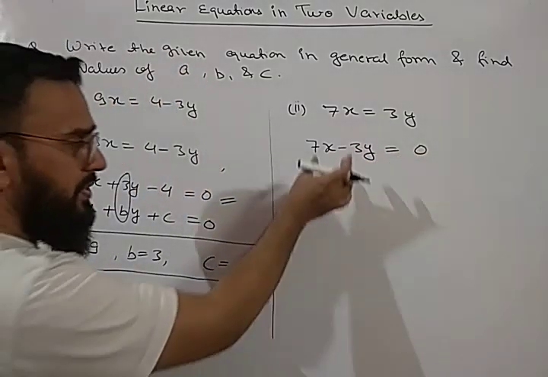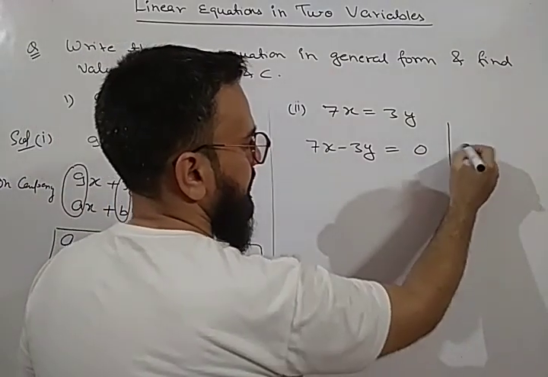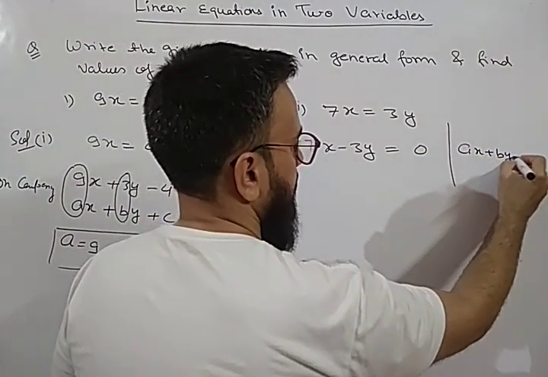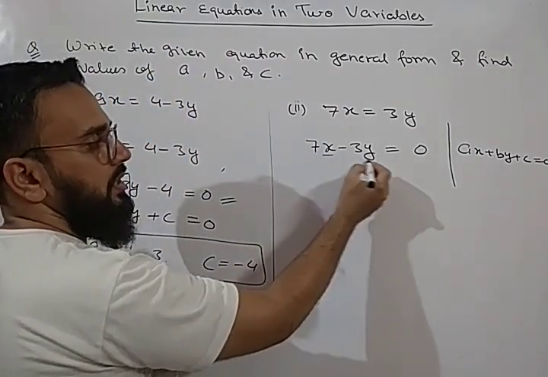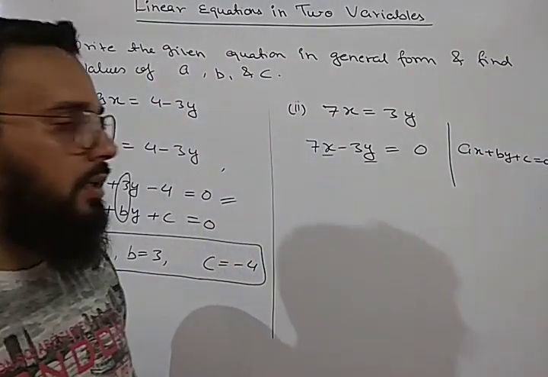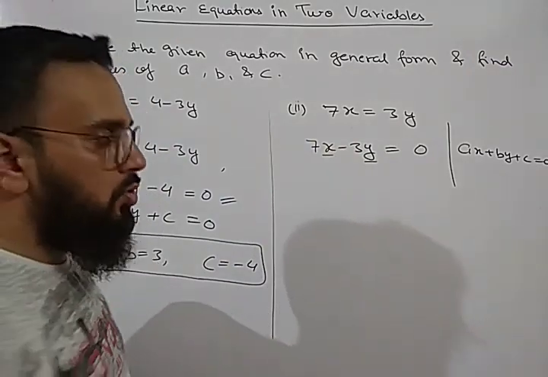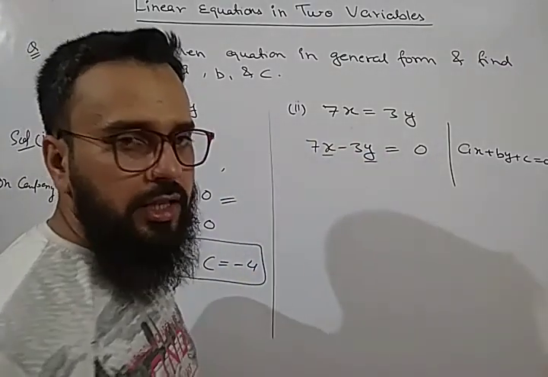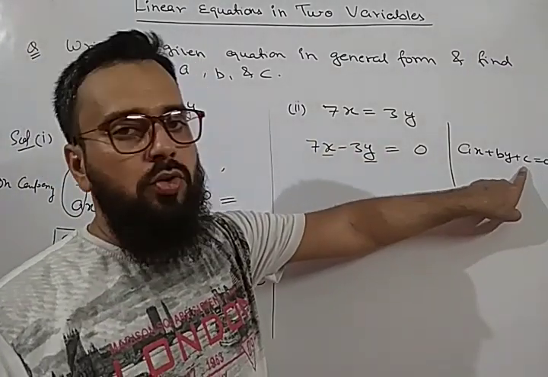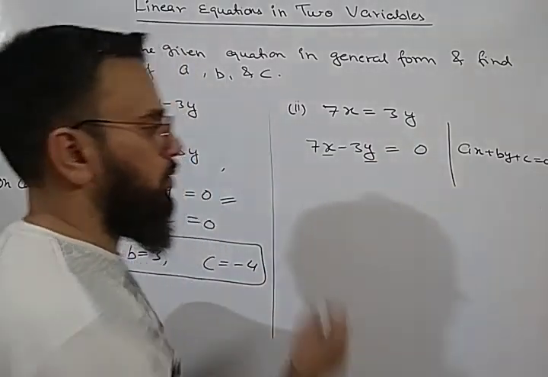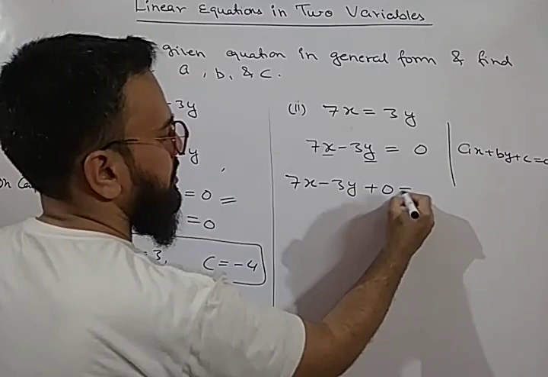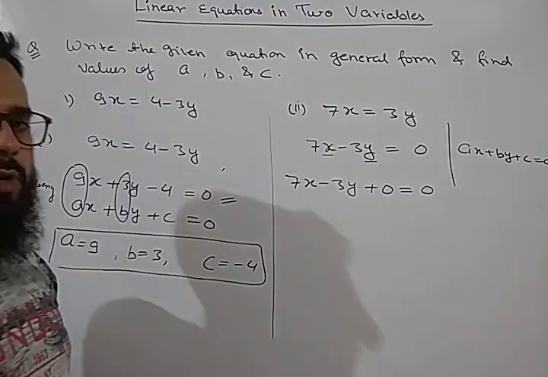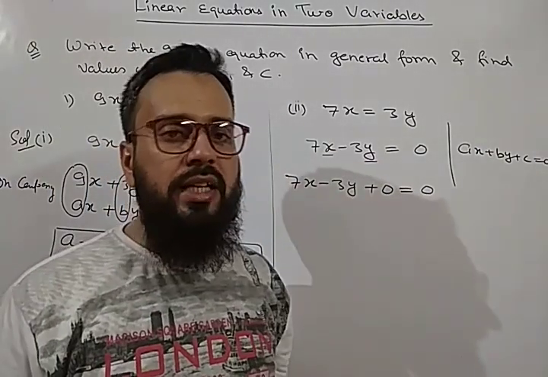But now if we compare this equation with the general form, ax plus by plus c equal to 0, there is no constant term. Both x and y are there, but there is no constant term. So we can put plus 0 and write it as 7x minus 3y plus 0 equal to 0, because adding 0 has no effect on the equation.